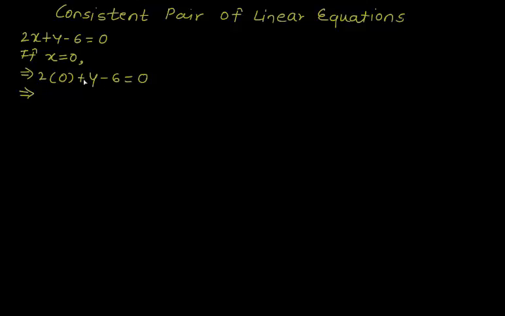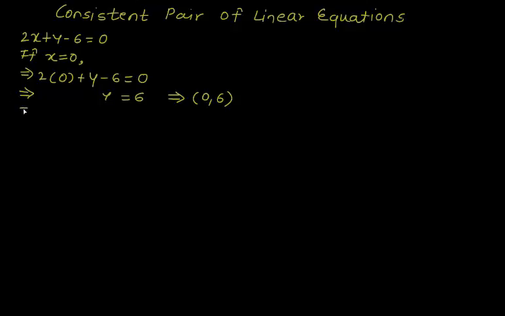Now solving this equation further, we'll get y is equal to 6, because 2 into 0 is 0, then adding plus 6 to both sides we get y is equal to 6. When the value of x is 0, y has value 6, so we can write this solution as (0, 6).